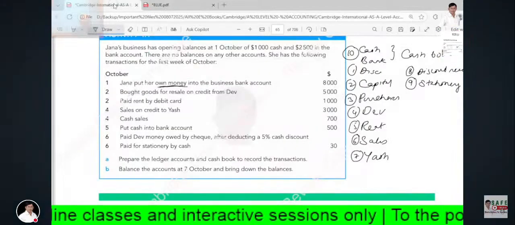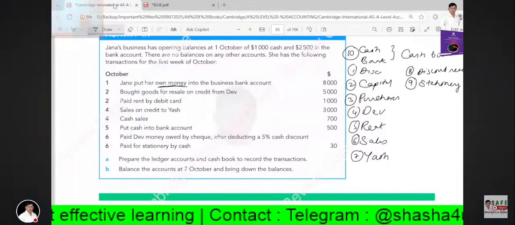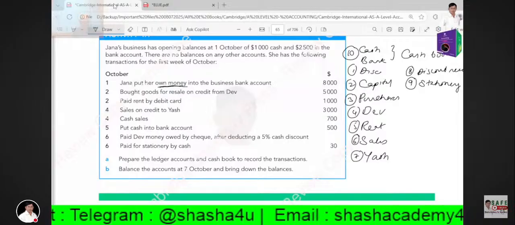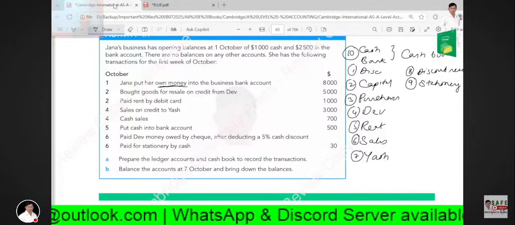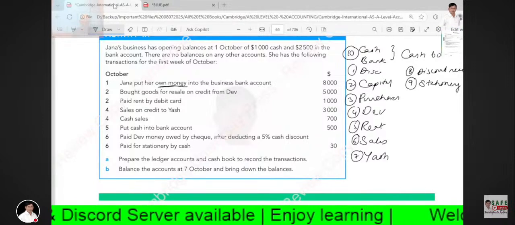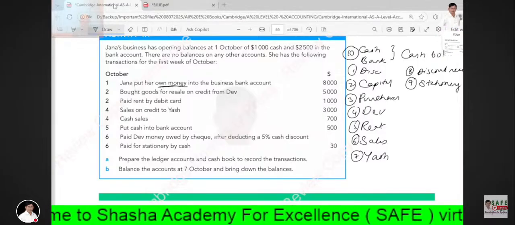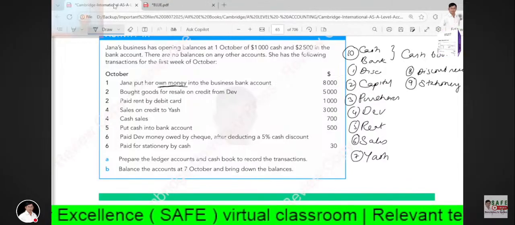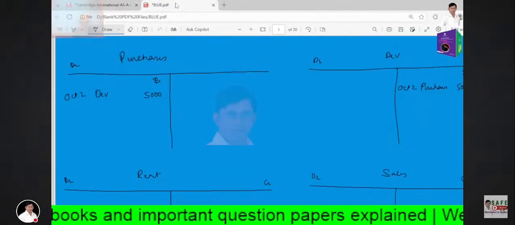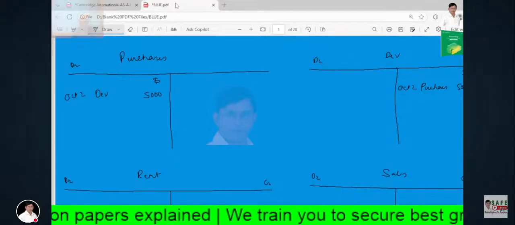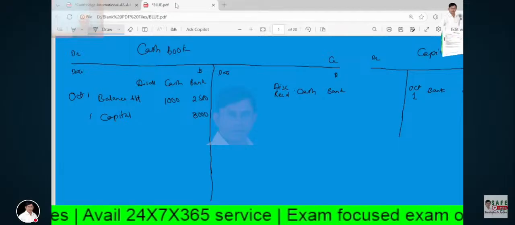Next, rent by debit card. Debit card is linked to the bank account, so money will go from the bank. So we consider it as bank payments. Rent $1,000, debit card, bank. The date is the 2nd.